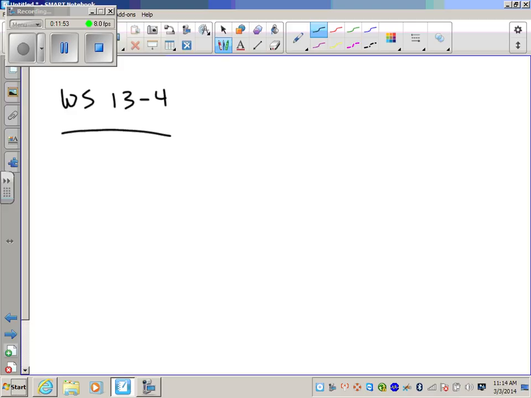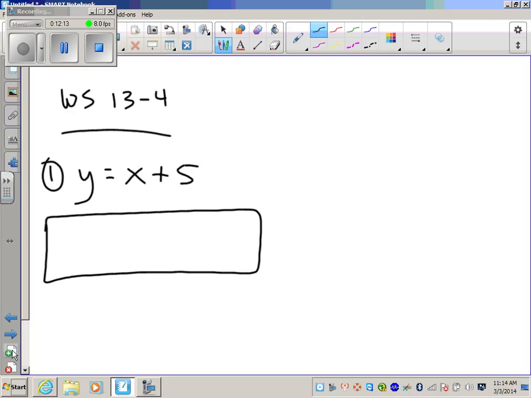Let's take a look at worksheet 13-4, first of all, not 13-5, 13-4. Number 1 says, for each function, make a table of values, then graph the function. So number 1 gives us y is equal to x plus 5. They make the table like this. I prefer to have it written vertically, but horizontally is fine as well.